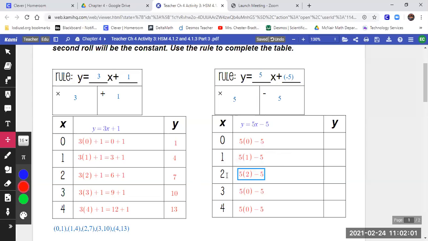I have a 2 next to this one, so it has to change to 2. 3 next to this one, so it has to change to 3. 4 next to this one, so it has to change to 4. Everybody okay to there? Any questions?